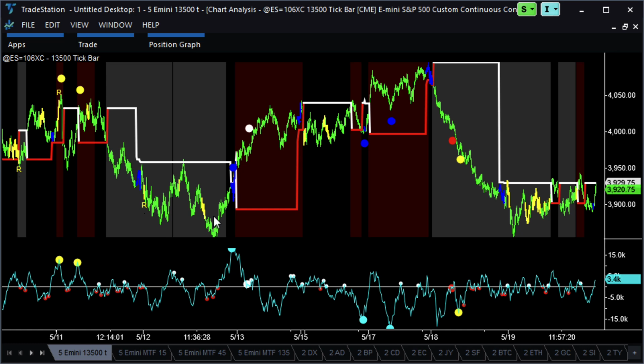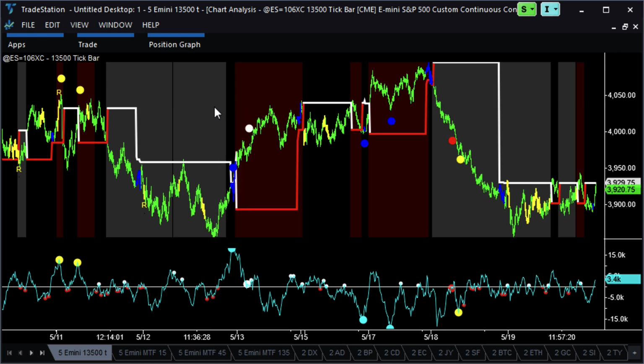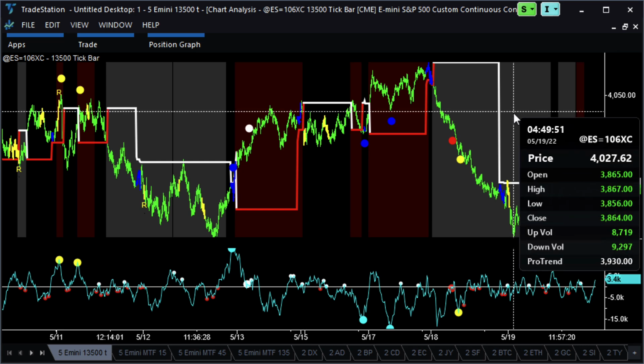But anyway, here's the 13,500 tick bar chart, and this is the little low that we had overnight, and then the low that was made a few days ago, and it was exactly down here, 38.55. There's the nice low down there, so that was around 2 o'clock on the 12th. And then today's activity, can I pick up the absolute low here?